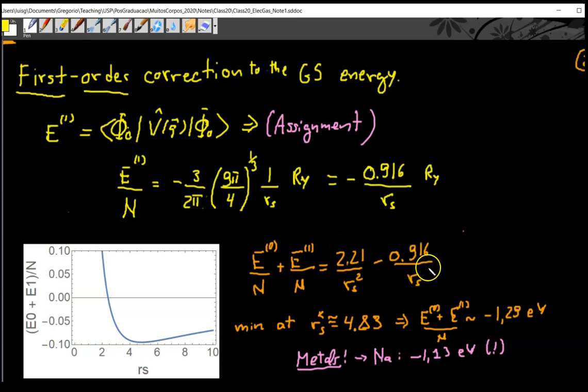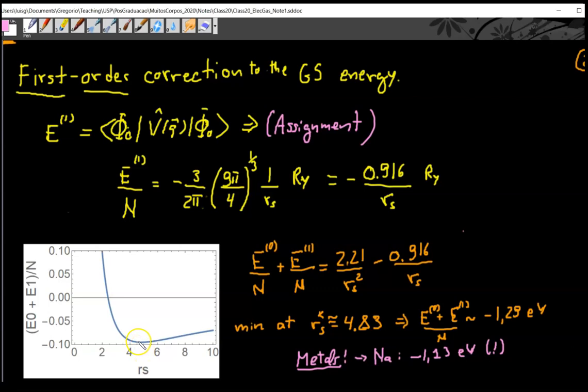For larger Rs, this term will dominate. And if I plot this as a function of Rs, I get something like that. A curve here for small Rs, this of course will diverge, but because of this minus sign, there will be a minimum here, somewhere around there, somewhere around here, right?